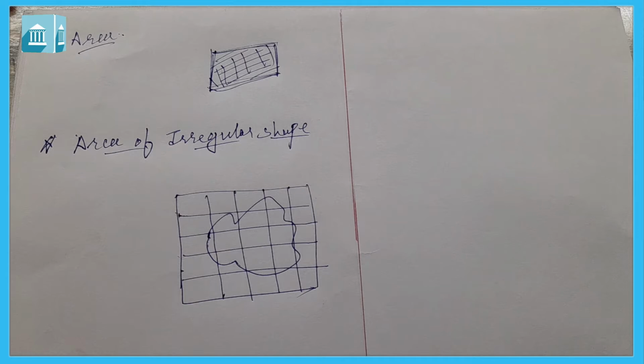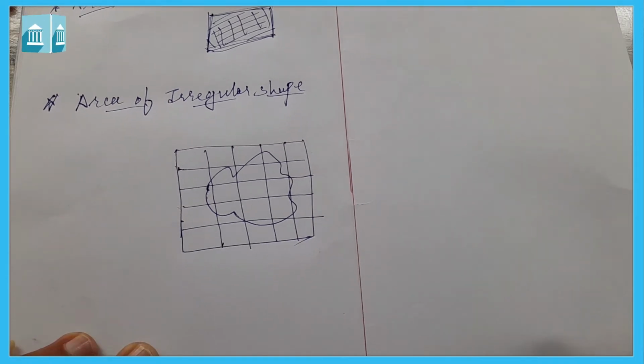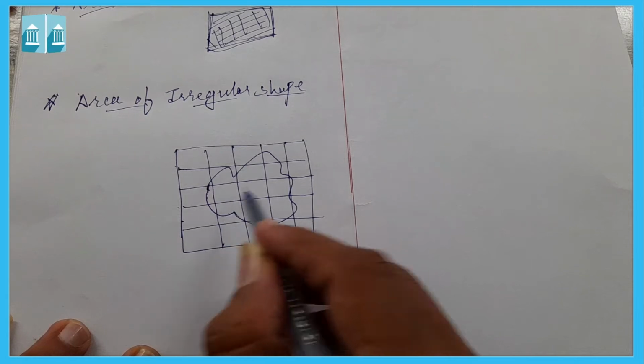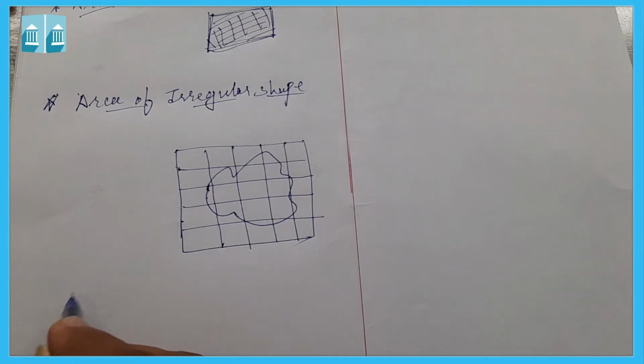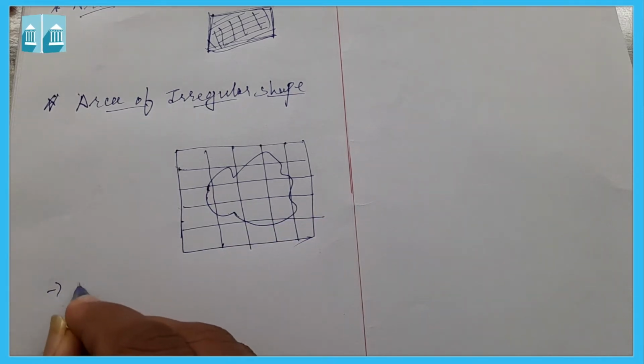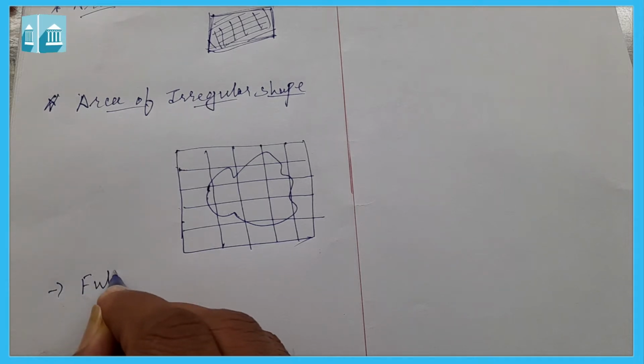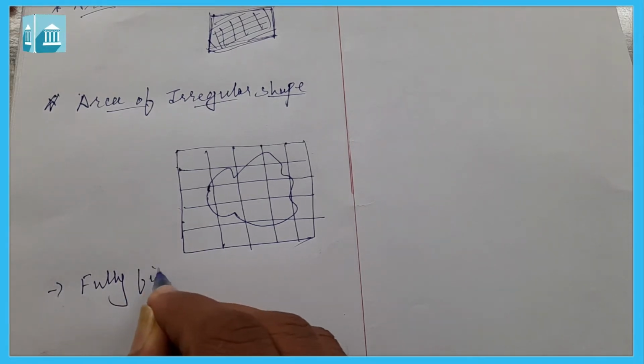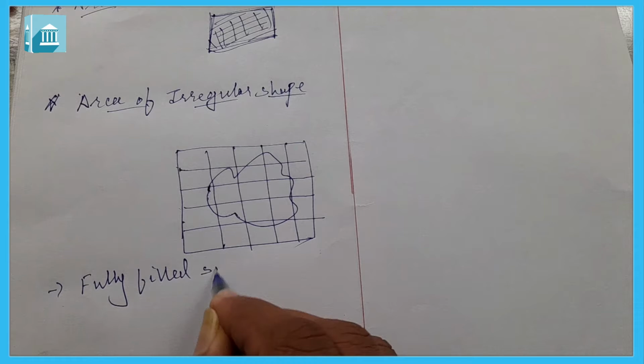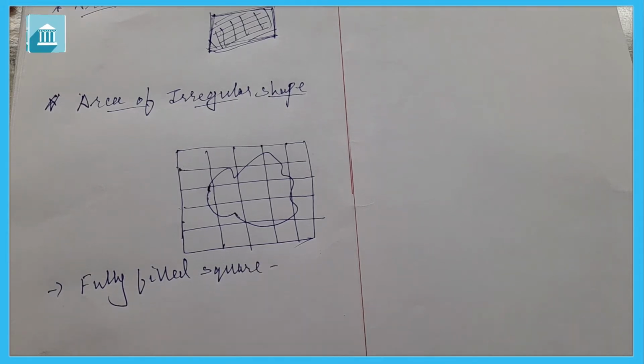To find out the area of this shape, first we have to see how many fully filled squares there are. So fully filled squares we first have to count.